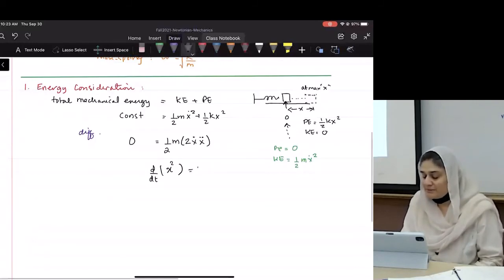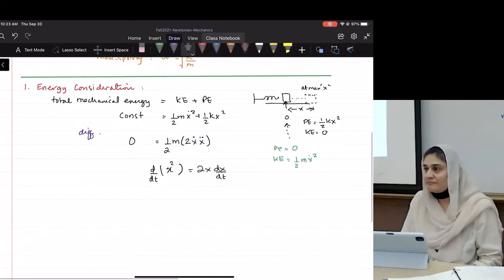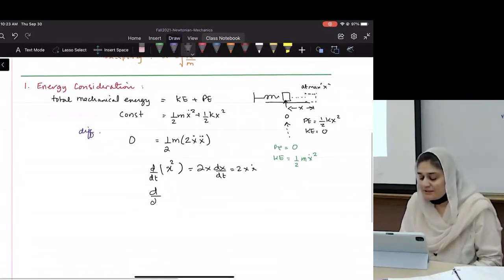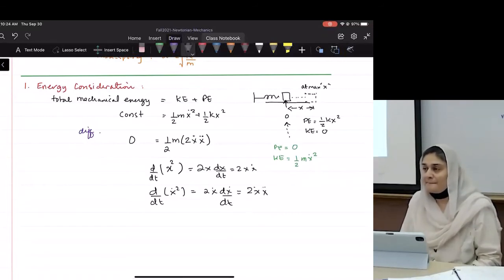Is that not equals to 2x dx over dt? Can I not write this as 2x x dot? So then if I differentiate d over dt of x dot squared, will that not be 2x dot dx dot over dt? Which is 2x dot x double dot.